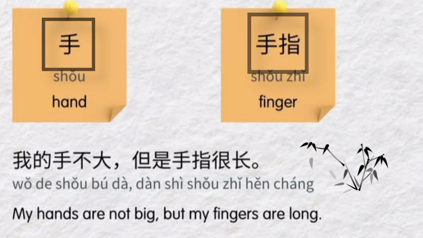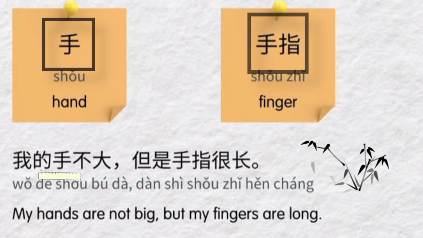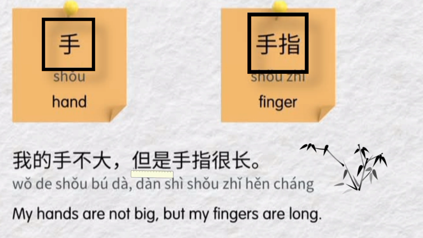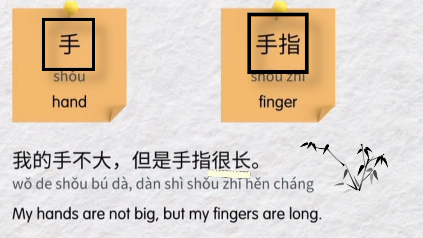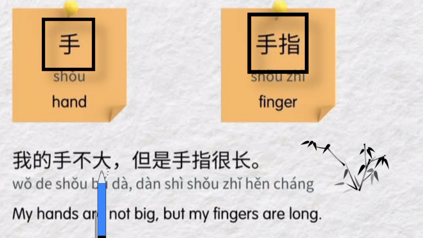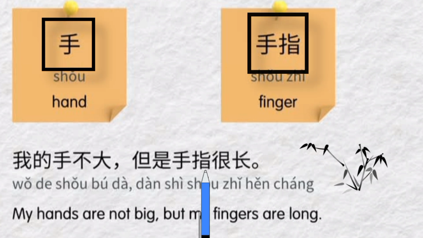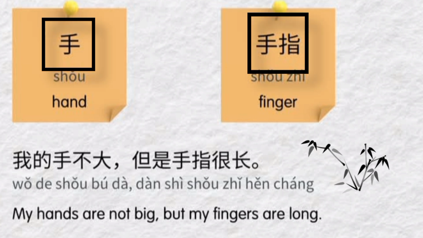Let's observe the example in much more detail. 我的, my. 手, hand. 不大, not big. 但是, but. 手指, fingers are. 很长, very long. So together it makes 我的手不大，但是手指很长。My hands are not big, but my fingers are long.